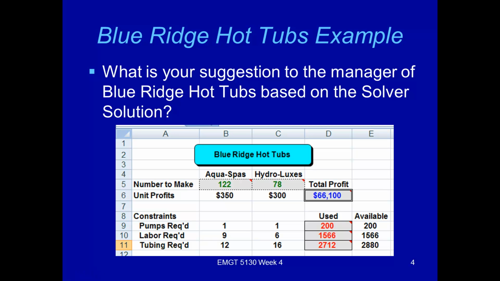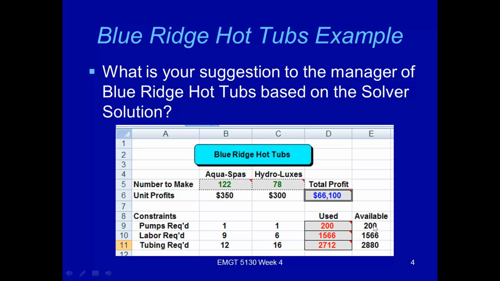Okay, and what do you do? Do you go solve it again when the question comes, or can you prepare a comprehensive report giving all those different scenarios to the manager? Say, okay, here are the ranges. Say, for the Hydro-Lux, as long as your profit is between 250 to 350, you're going to make this many Aqua-Spas and Hydro-Luxes. Number won't change.